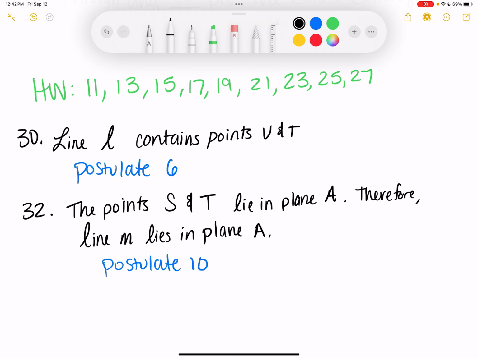Next problems. State the postulate that shows this statement is false. So we're still using the postulates. We're just going to explain what it says here. So, 2 planes intersect in exactly 1 point.